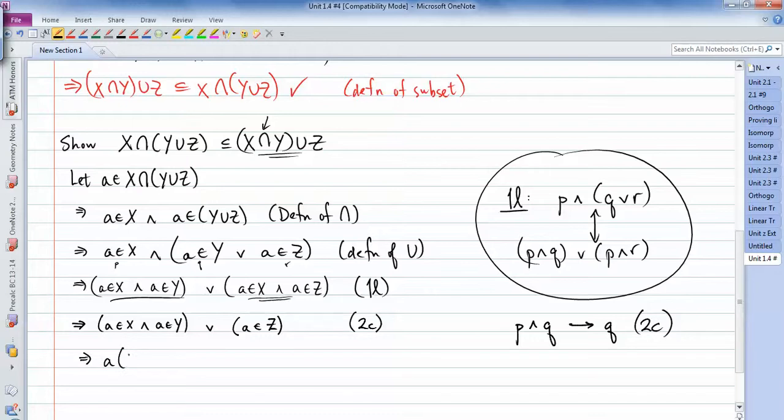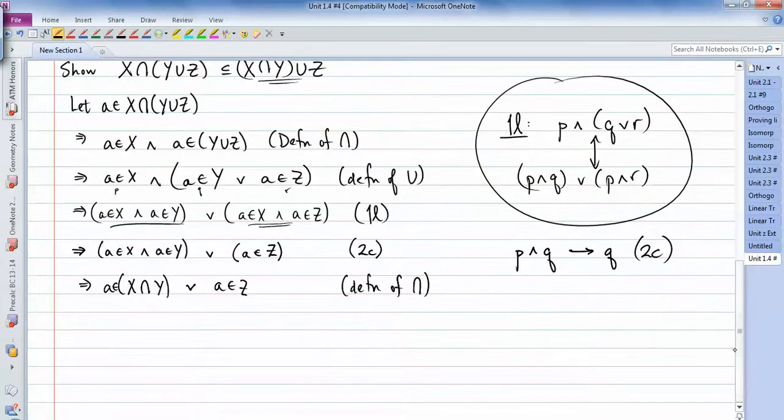This means A is going to be in X intersect Y, or A is going to be in Z. And I'm using definition of intersection. And then I can say that A is going to be in X intersect Y union Z by definition of union.